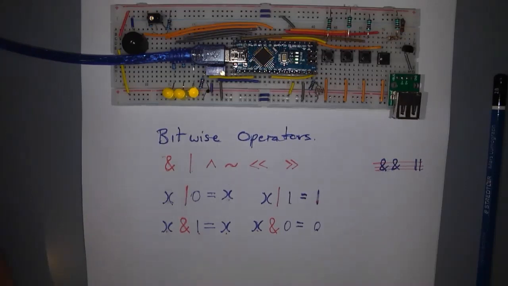Then it comes down here and creates a temporary variable for our value which has come in, shifts it left, and writes that into the port.